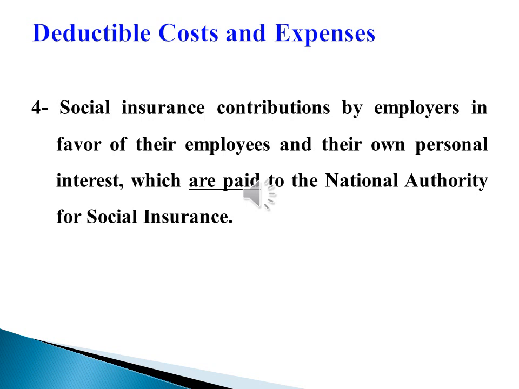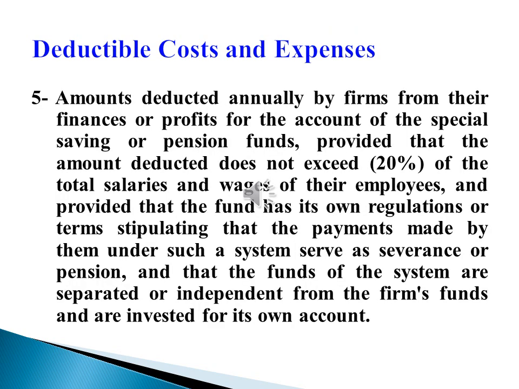Number 4. Social insurance contributions by the employers in favor of their employees and their own personal interest, which are paid to the National Authority for Social Insurance. Number 5.